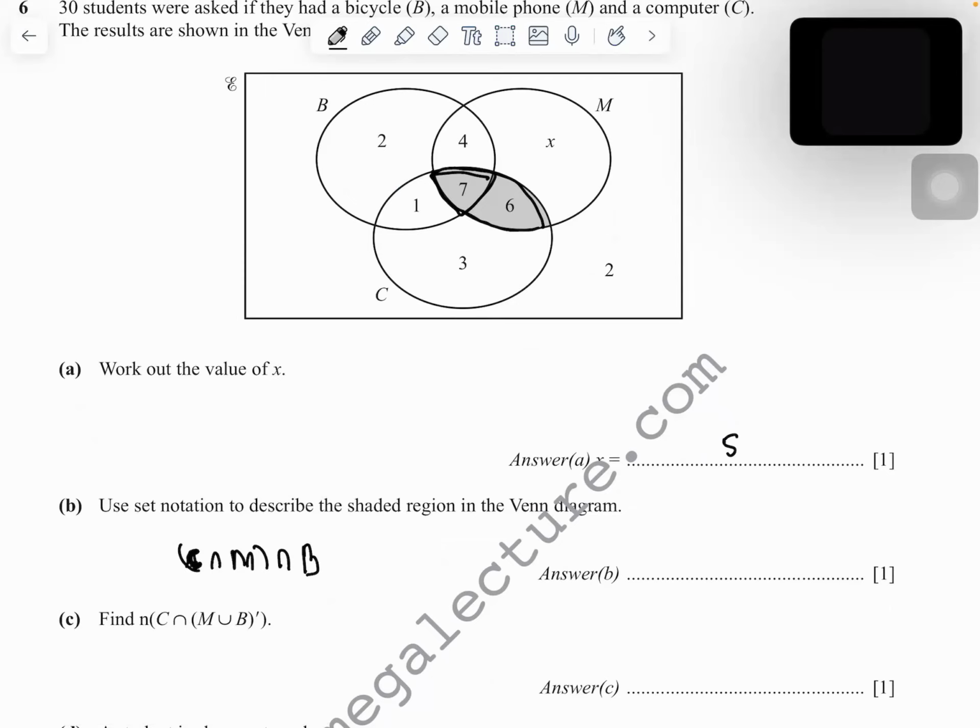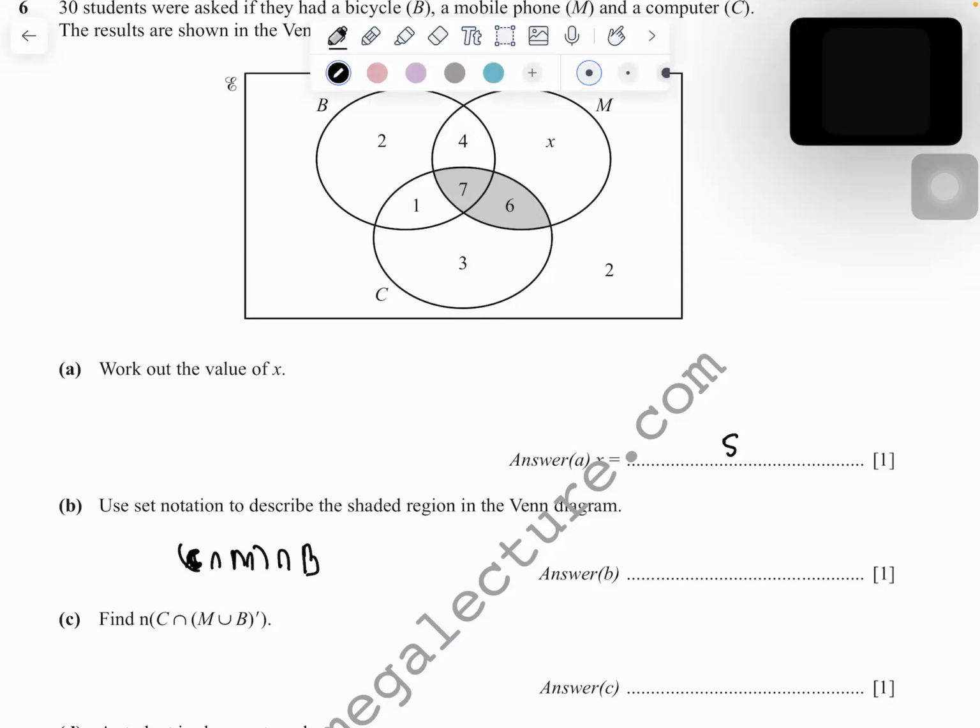No, but I don't think that's correct. It's correct. How? Because if I do C intersection M, that's that, and then intersection B, so it's only going to be 7. No. Wait, sorry.